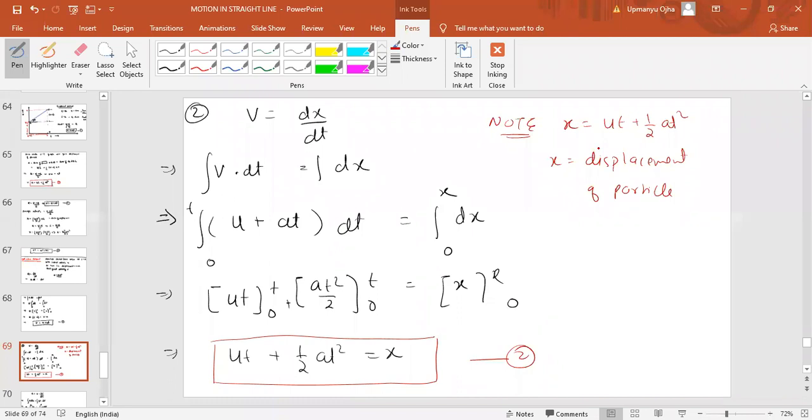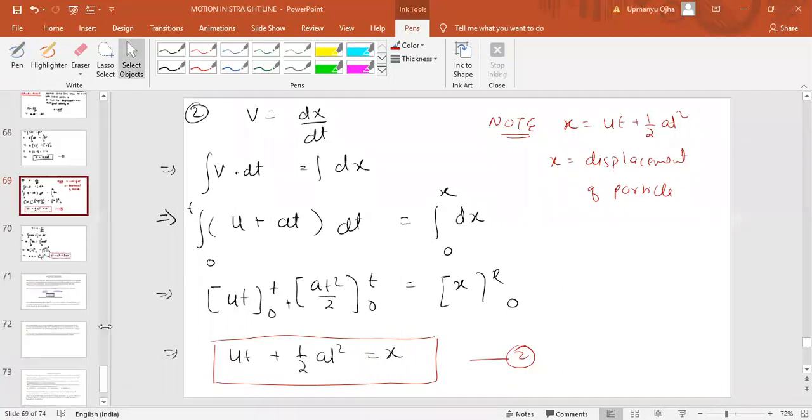Now, in this question we have assumed acceleration to be constant. So all the three equations of motion are there. All the three equations of motion which we are studying, v equal to u plus at, x equal to ut plus half at square, x equal to v square minus u square by 2a.